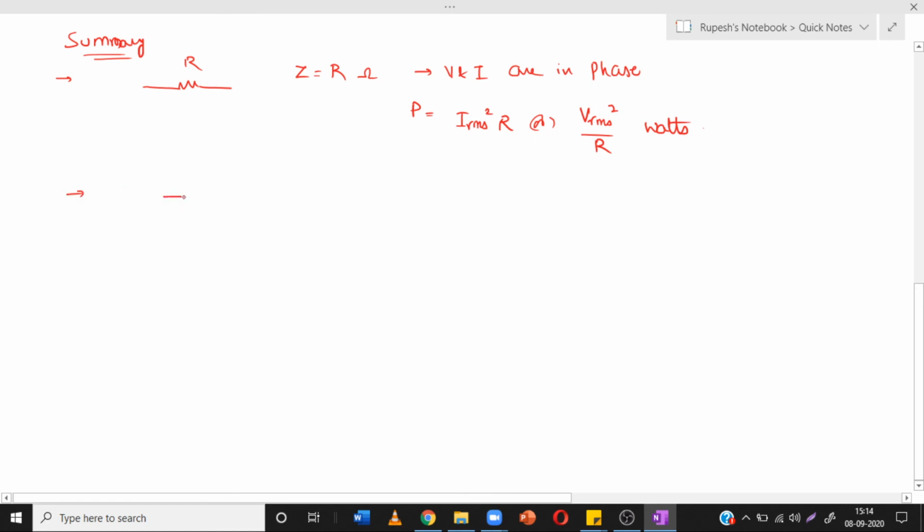Second one, the inductor. If you take the inductor, the impedance across the inductor is J into XL, where XL is given as omega into L. In an inductor, the voltage leads current by 90 degrees. Here XL is known as inductive reactance.